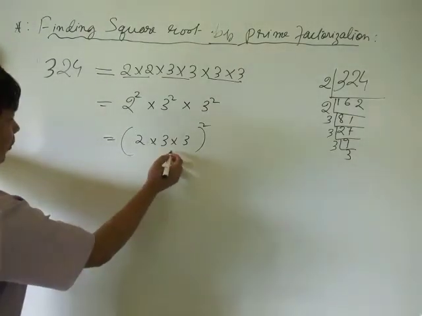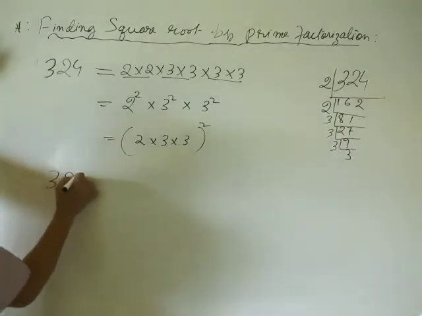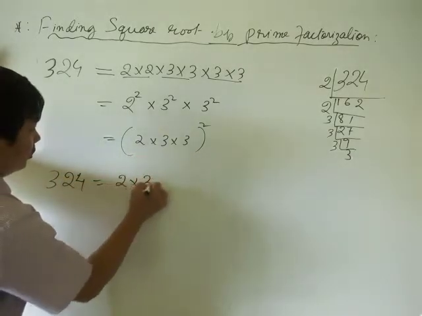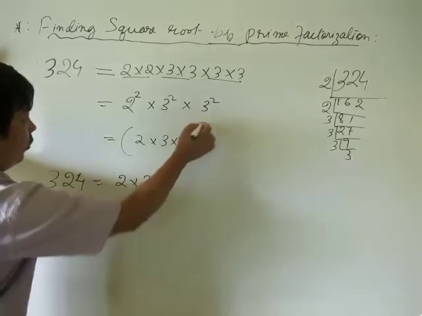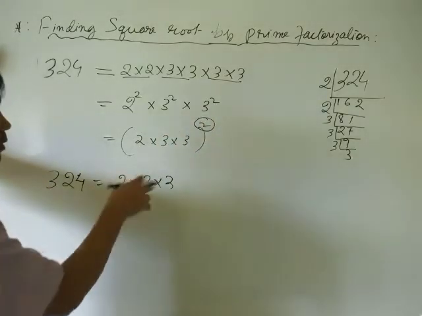Okay, so far we get it like this. On this side we get 324 equal to the square of 2 into 3 into 3. We are not going to find the square of this number, we have to find the square root of this.